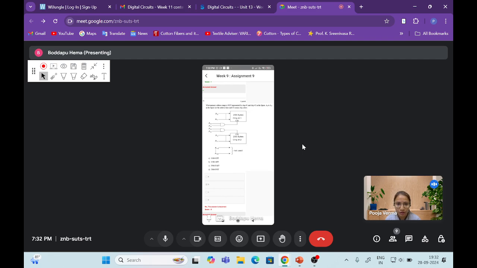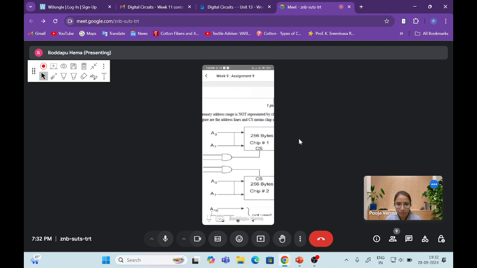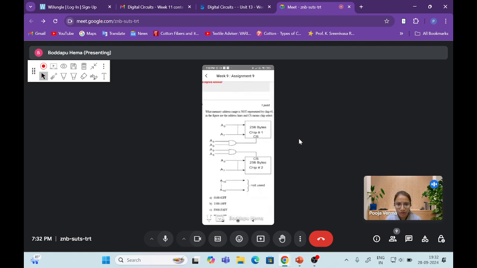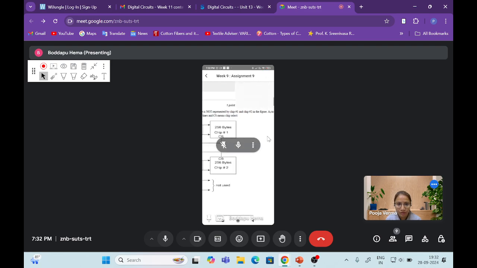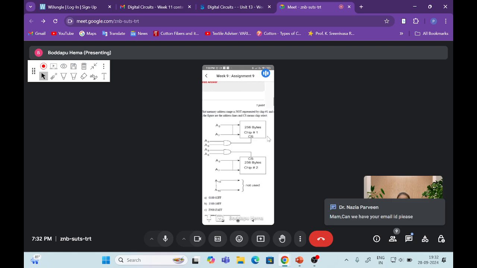A0 to A7, you need to find the address range, right? Yeah, now it is a little bit visible what the question is. Maybe the address range is not represented by chip 1. So chip 1 is this one, and the figure is related to what they are asking.